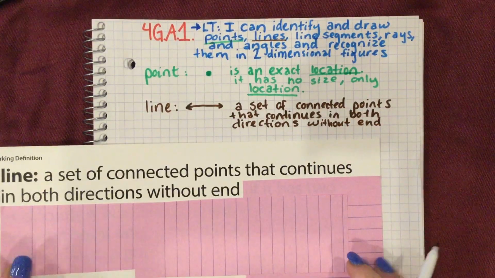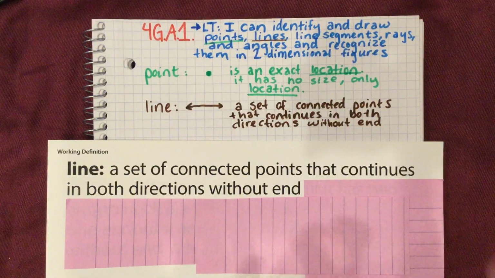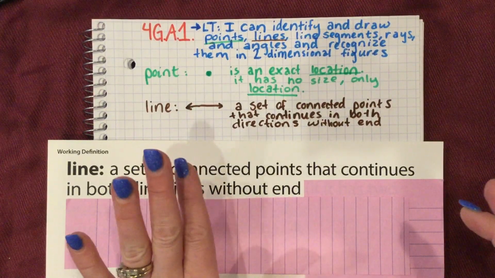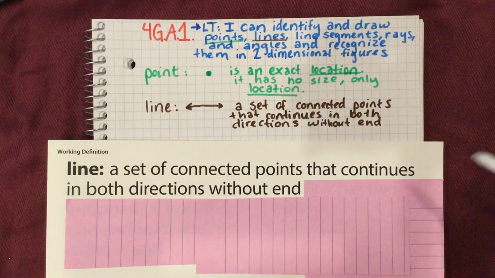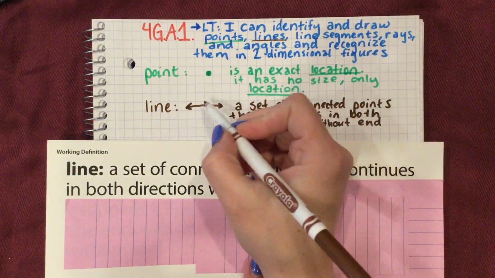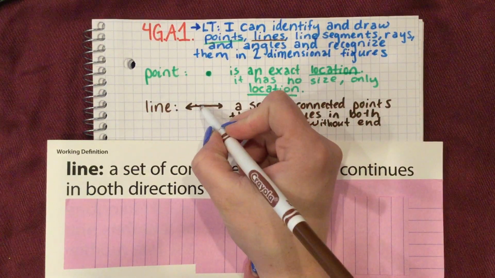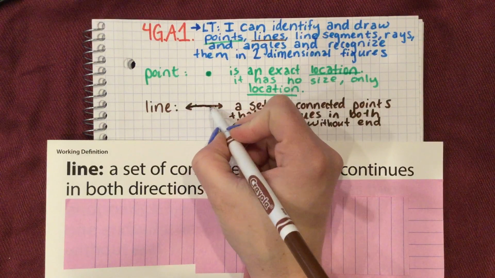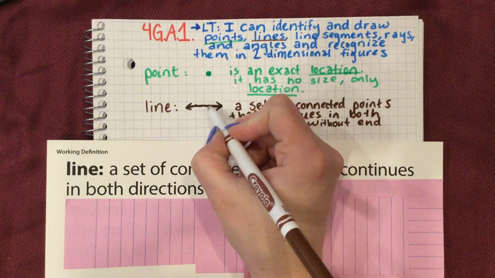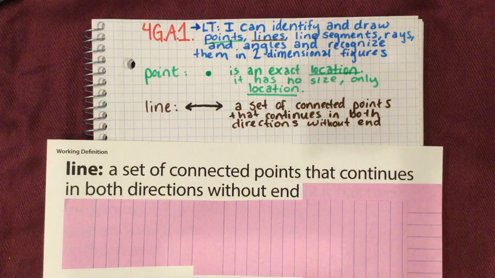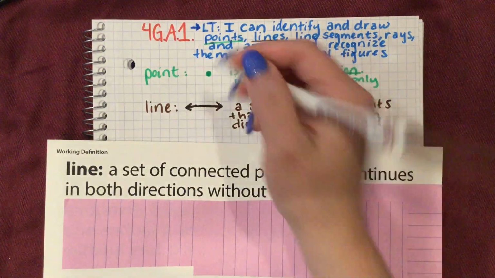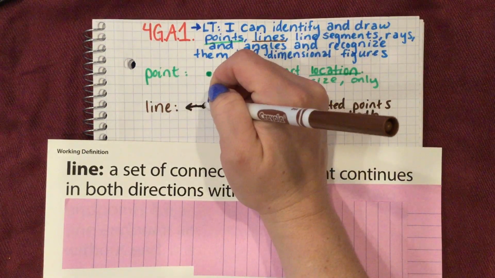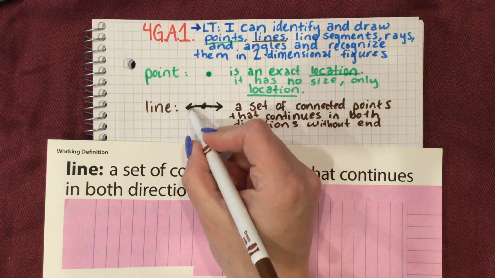Now I covered up the rest of the words that were in this definition because it kind of gave away the other figures that we're going to be talking about. So just remember, it's a set of connected points. So there can be points all along this line, but if it goes in both directions without end, that's what makes it a line. It can have a point on it, but if it goes in both directions without end, it's a line.